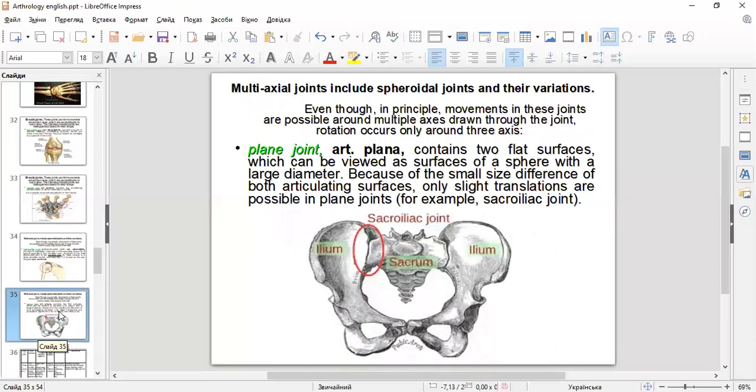Plane joint, articulatio plana, contains two flat surfaces which can be viewed as part of the surface of a sphere with a large diameter. Because of the small size difference of both articulating surfaces, translations on the slide are possible in plane joints. For example, the sacroiliac joint.